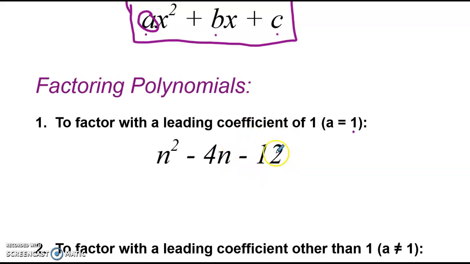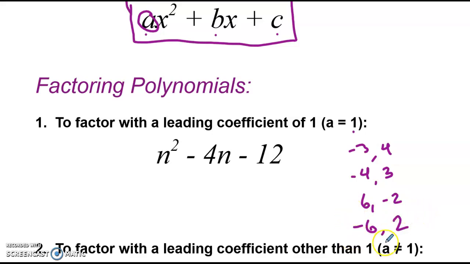Now, when c is negative, sometimes it's helpful to list some factors here. What are some factors of negative 12, right? Well, we got negative 3 and 4. We got negative 4 and 3. But neither of these have a sum of negative 4. I have 6 and negative 2, and then I have negative 6 and positive 2.